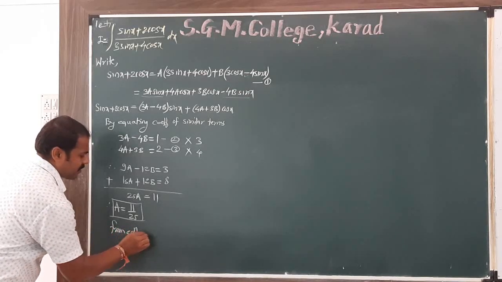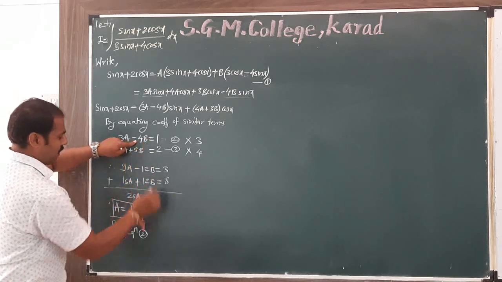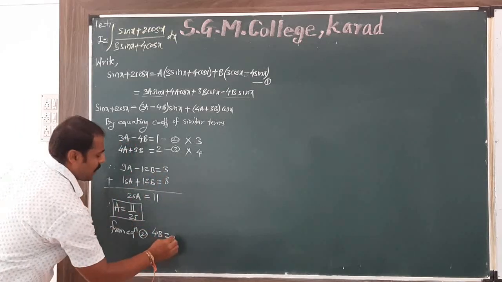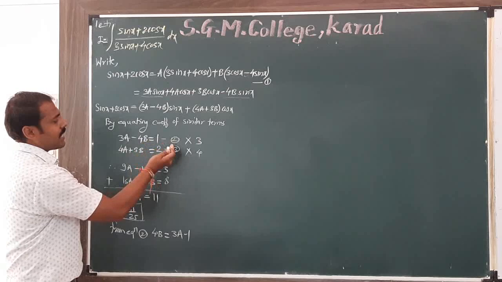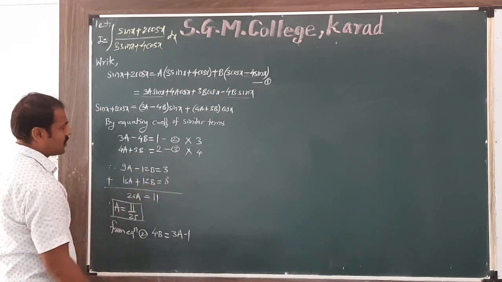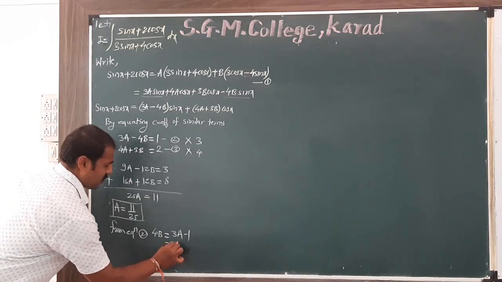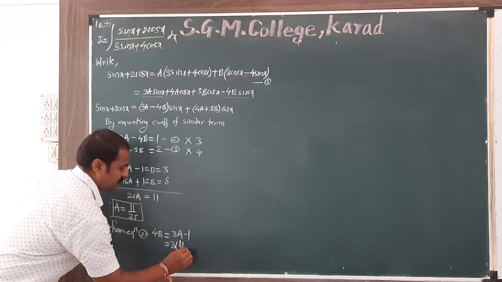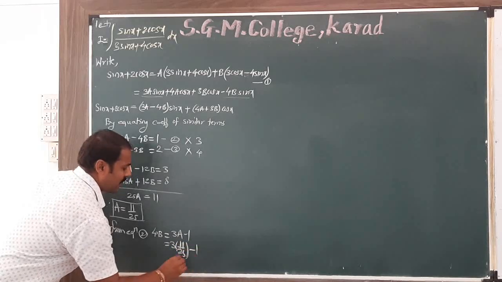Now from equation second, we write 4b as, how we write 4b? 4b is equal to 3a minus 1, which is equal to 3 into value of a, which is 11 divided by 25, minus 1.